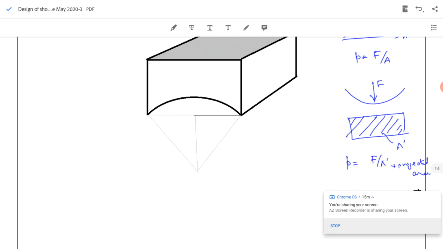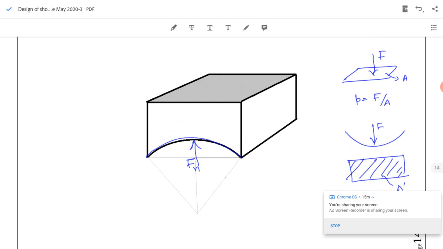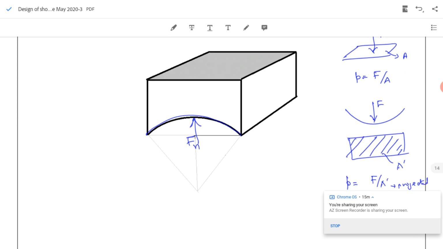This is the same case in our question also. Here our normal force is Fn, which is acting on a curved surface. The shoe is having a curved surface. So pressure equals force by area, area ABS equals Fn by P. The area will be this projected area, ABS, area of the brake shoe.